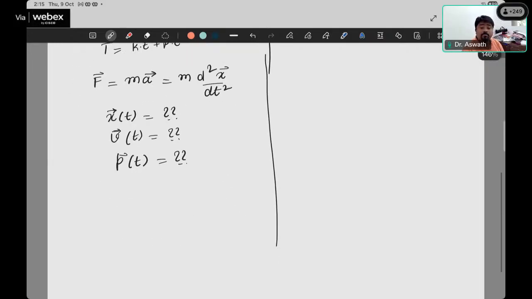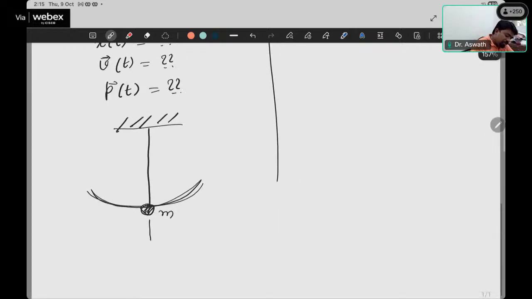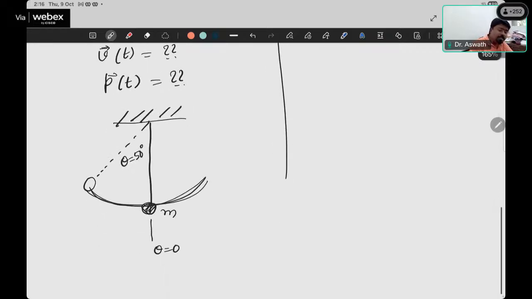When I take a simple pendulum of mass m which is moving, making oscillations, you see one interesting thing: it would like to stay in an equilibrium position, which is where theta is 0. But you displace it from equilibrium by giving an amplitude with an angle of, let's say, 50 degrees.